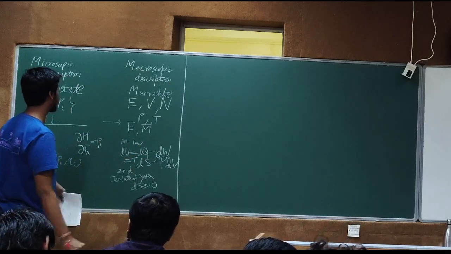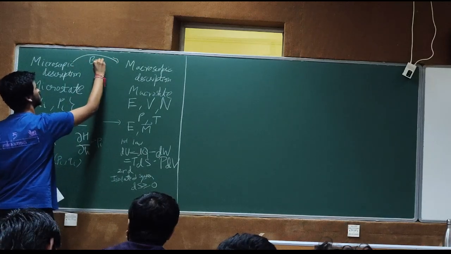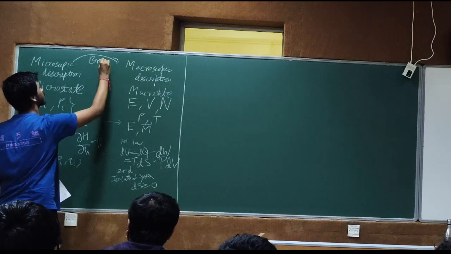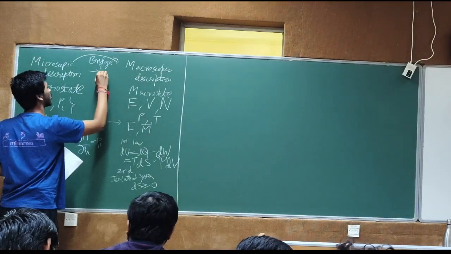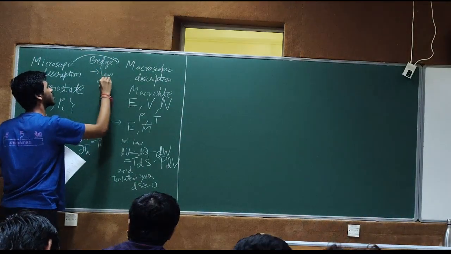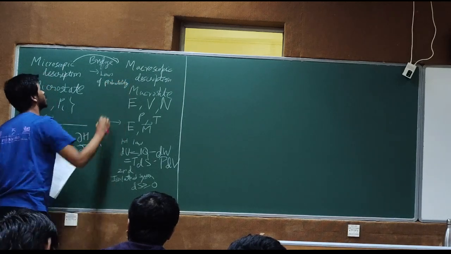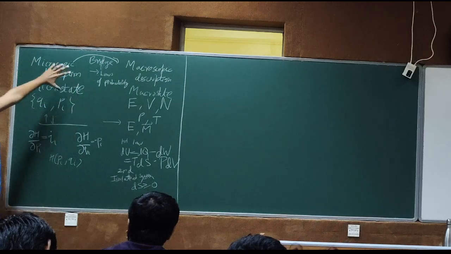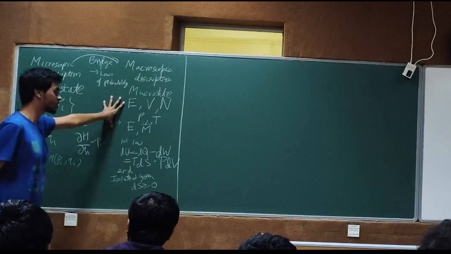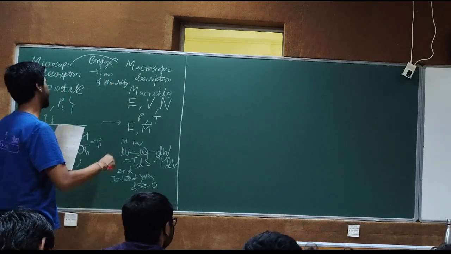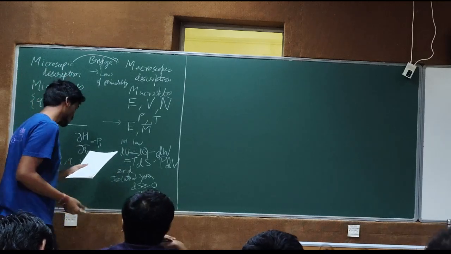What statistical mechanics does is be a bridge between these two, and use laws of probability. You use laws of probability to go from this microscopic picture of the system to the macroscopic picture of the system, and that is what statistical mechanics does.